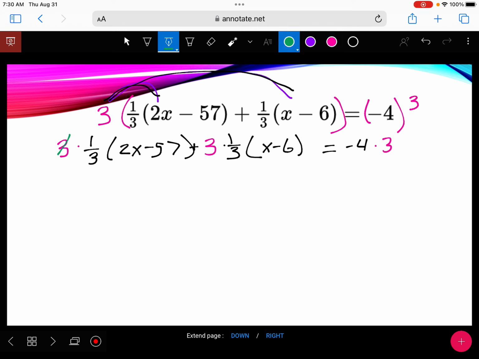So this 3 cancels out with that 1/3, and this 3 cancels out with this 1/3. So we're left with 2x minus 57 plus x minus 6 equals negative 12. That feels like a big jump.